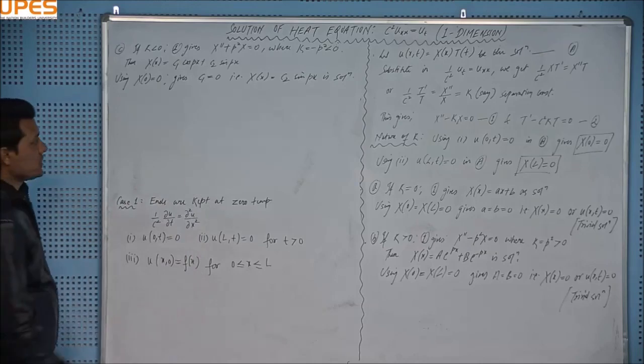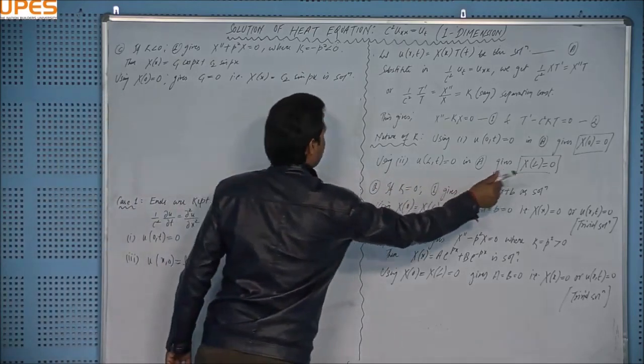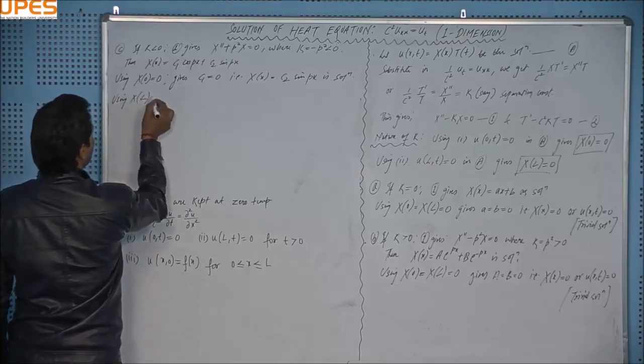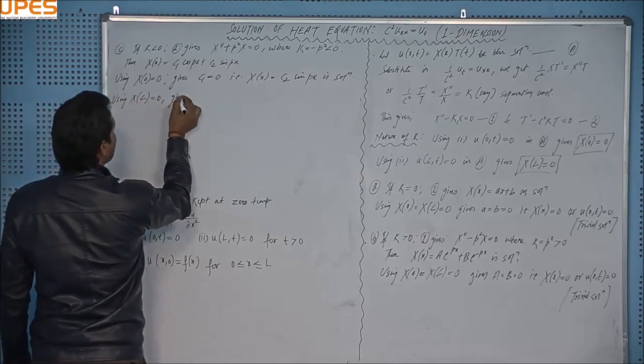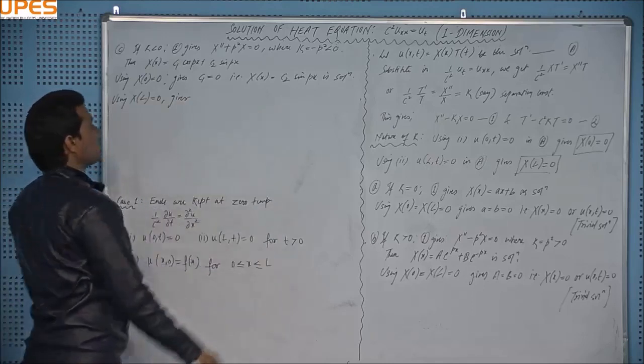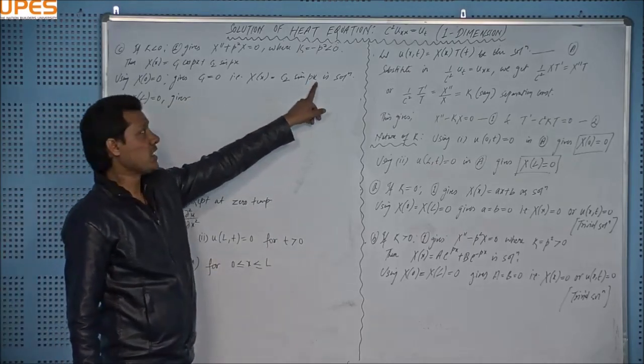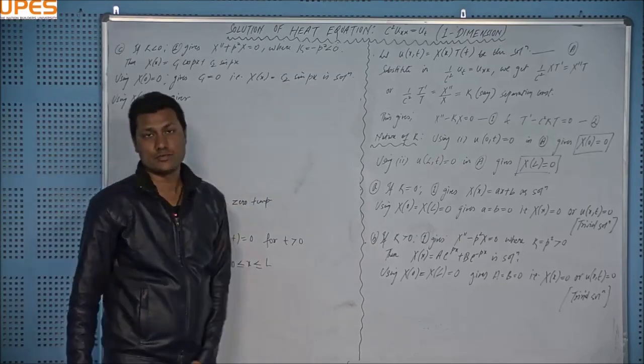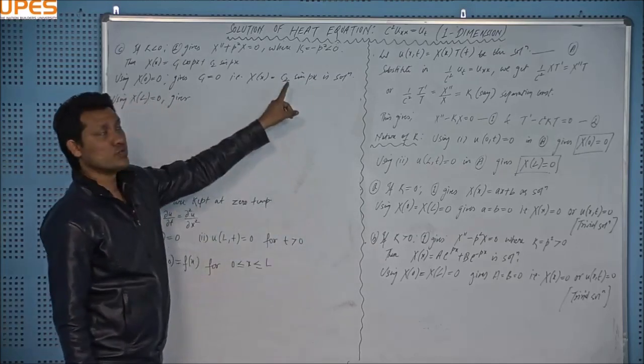And now on imposing the second condition, xl equal to 0, if I put x equal to capital L here and then equate to 0, then I will be getting C2 sin pL equal to 0, and of course you cannot take C2 equal to 0.